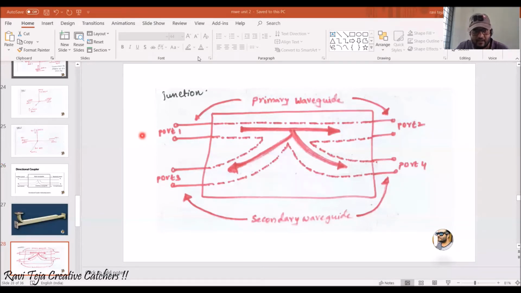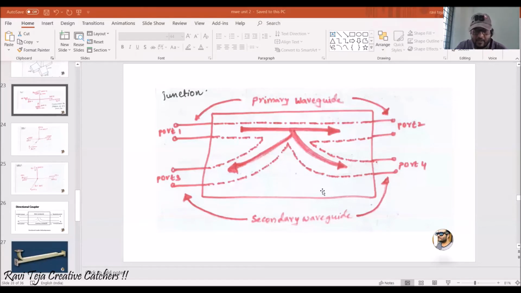From here, the signal that travels can transmit anywhere, wherever the place is there, it will be transmitted through these pipes. These two waveguides are connected or welded in such a way that there will be a hollow space in between. Wherever the signal enters, that signal tries to move through all these three ports. That's why they have indicated a few points here.